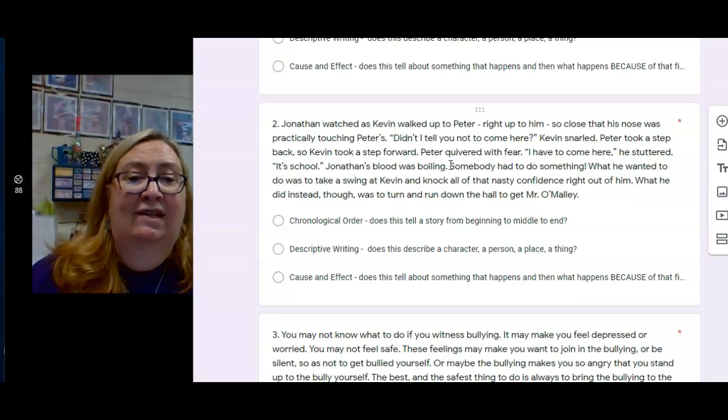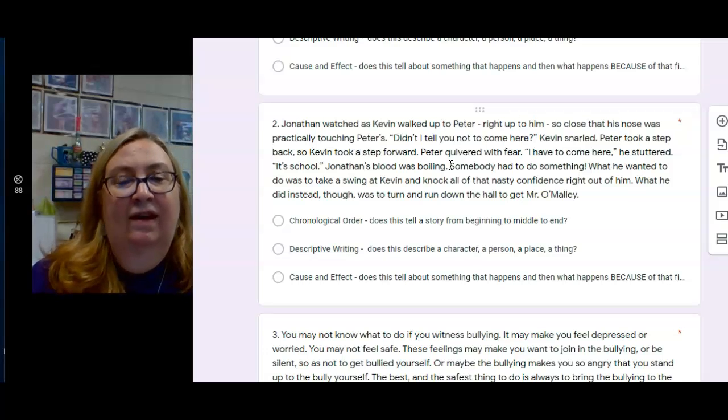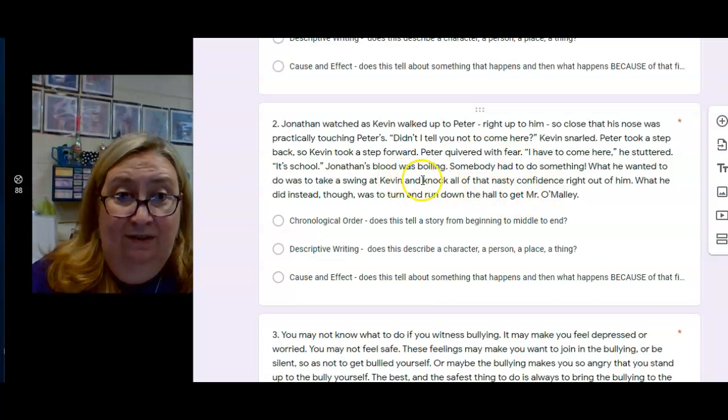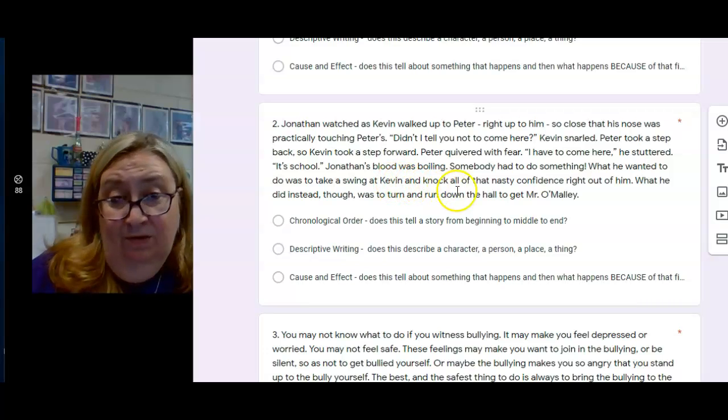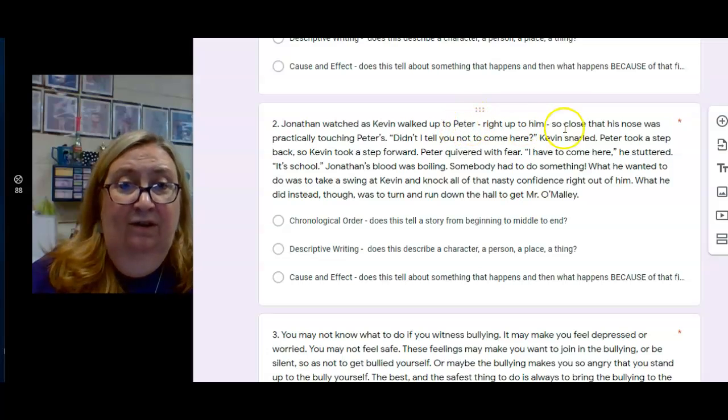Cause and effect. Does this tell about something that happens and then what happens because of that act? Well, yes. Let's see. Jonathan goes down to get Mr. O'Malley because Kevin is walking up to Peter and being a bully.